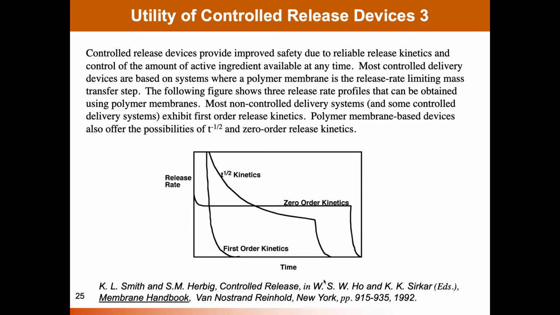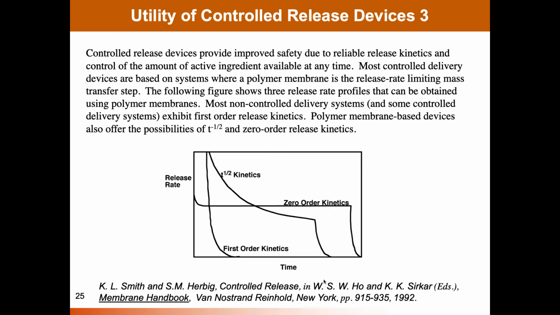Now, most of these devices are based on systems where polymers are the rate controlling devices. There are 3 release profiles that one can obtain based on the laws of diffusion. One is so-called first order kinetics, where the release rate just starts at some initial value and falls off with a decaying exponential.